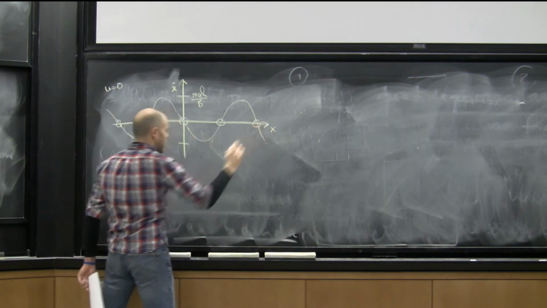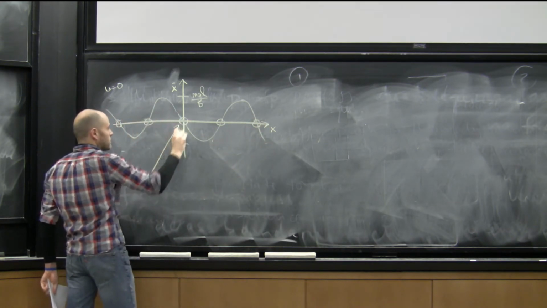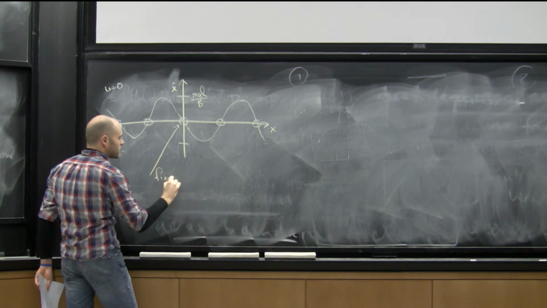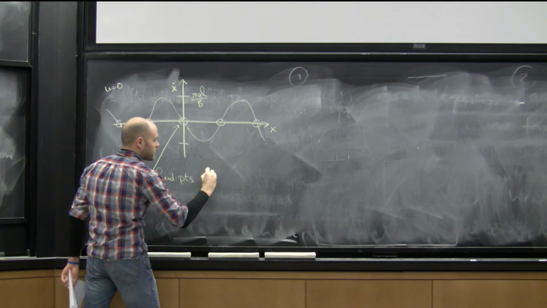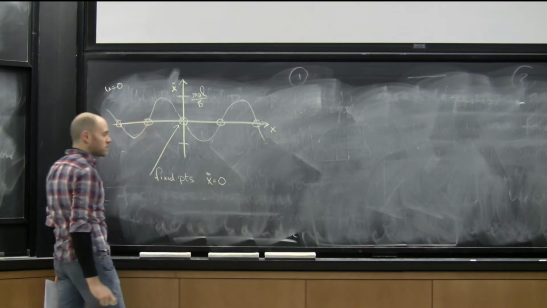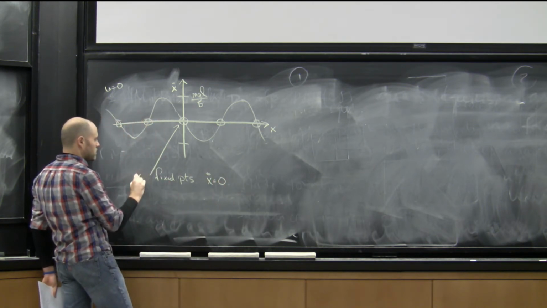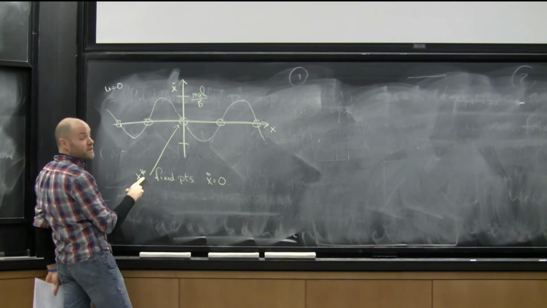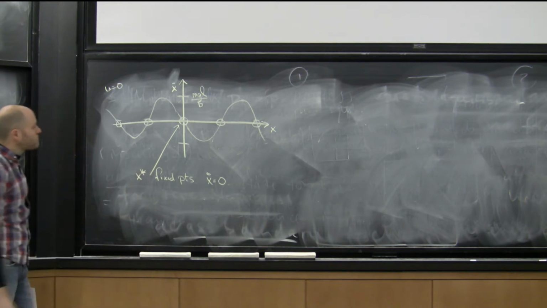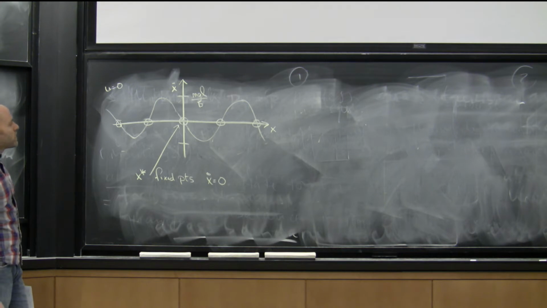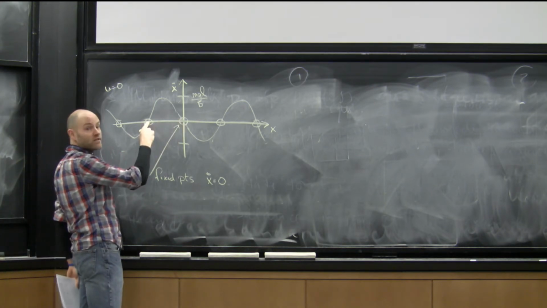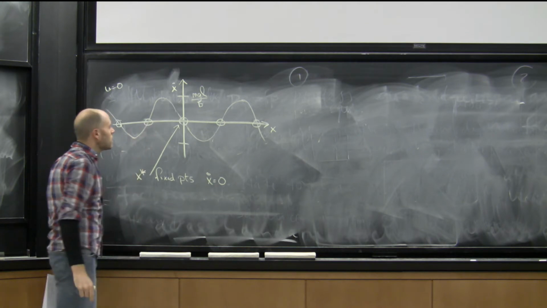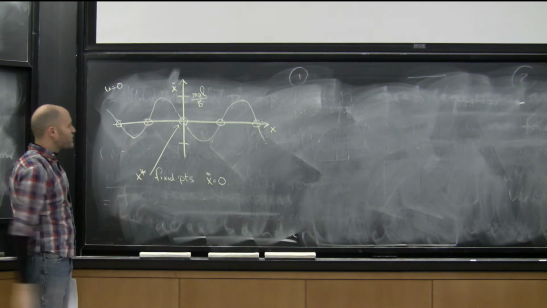Which means it's defined literally as x dot equals 0 here, and I'll often refer to fixed points as x star. So if the system starts here, it'll stay here forever. Starts here, it'll stay here forever. The cool thing is I can see much more from this plot.